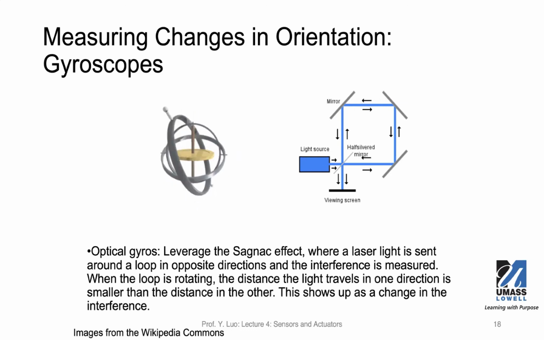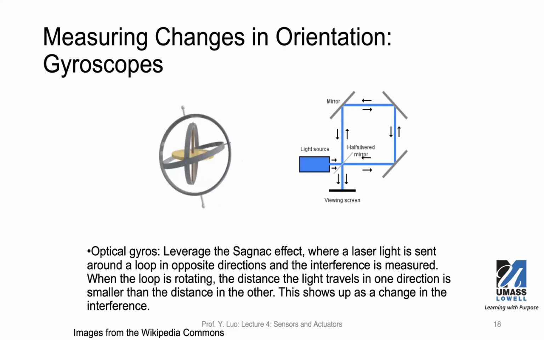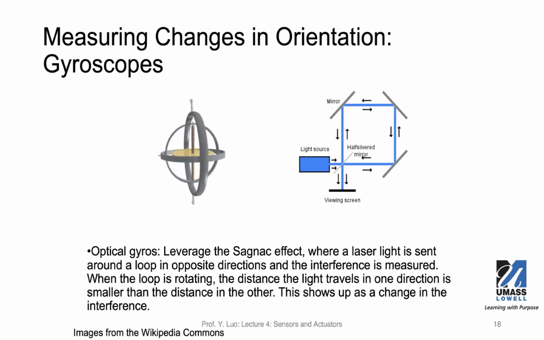Traditionally, you can use optical gyros. That is to leverage the Sagnac effect using lasers. On the right side of this diagram, we show the design in principle. We have a light source that generates light, and we have light beams going out this way. And we have mirrors formed in this particular shape.